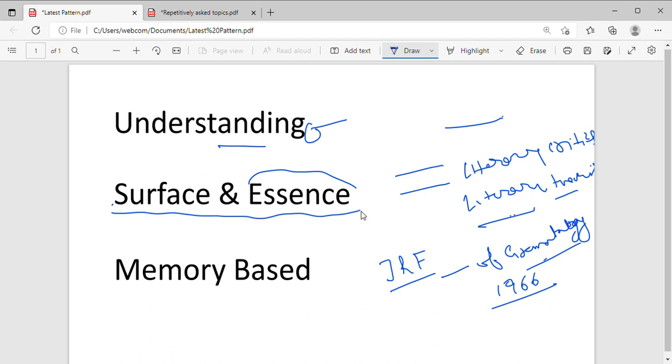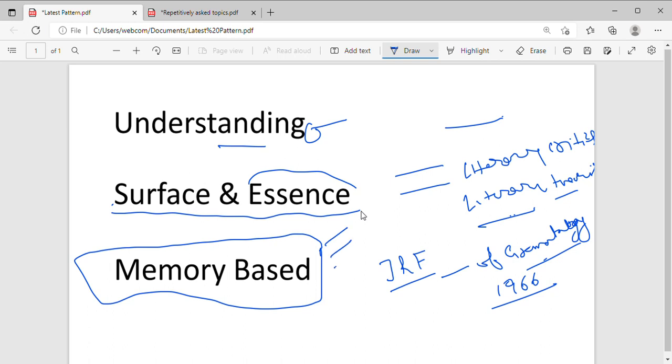So the whole pattern can be divided into these three things. The first thing is still the memorization, right? For that you have to go with the important writers, like we have your Charles Dickens, we have your Shakespeare, we have your Jane Austen, we have your romantic prose writers, right? You cannot miss these, right?